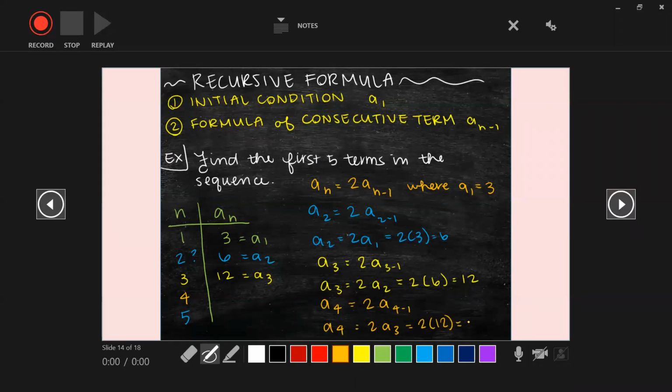And 2 times 12 is 24. Elijah, what about a sub 5? So a sub 5 is equal to 2 times a sub 4, which is going to be 2 times 24, or 48.